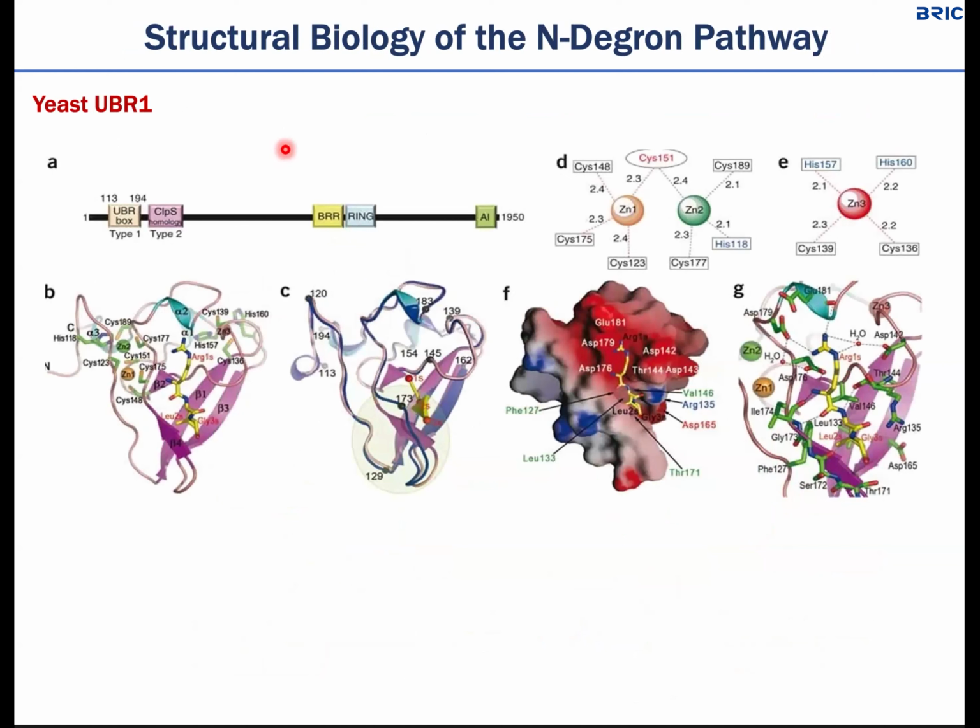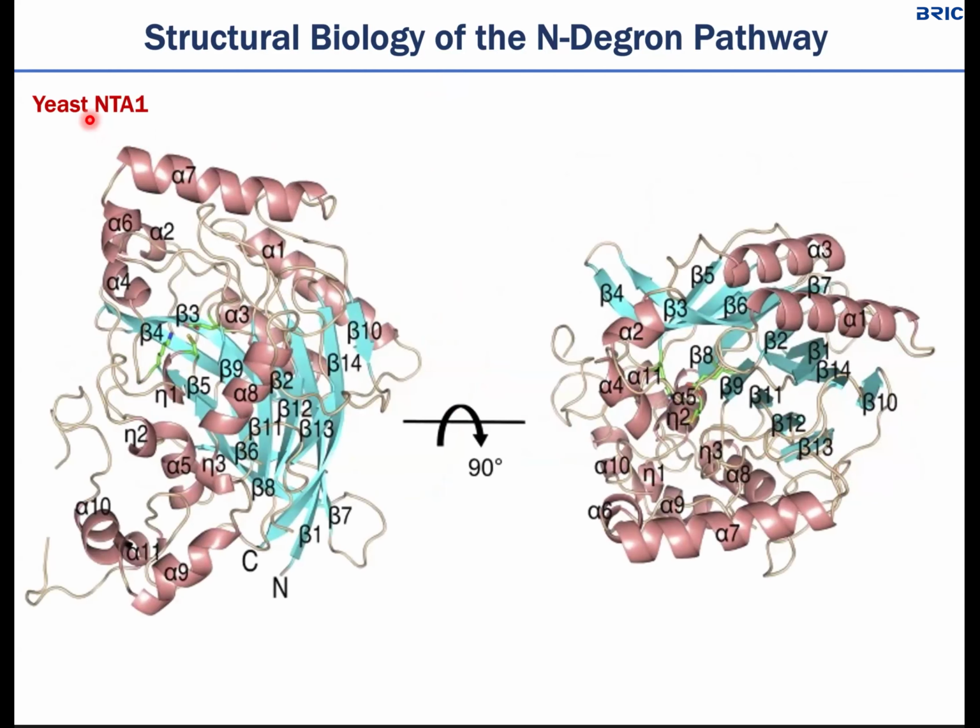I'd like to switch gears and now talk about the arginine N-degron pathway from a structural biology standpoint. Currently, excluding the plant N-degron system, key structural biology studies of the yeast and human N-degron pathway have focused on yeast UBR1 and yeast NTA1 from 2010 to 2016.